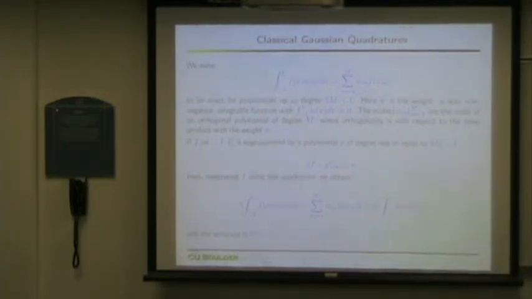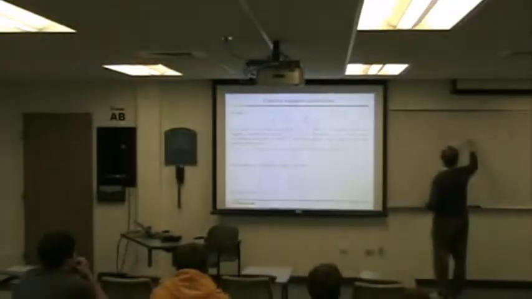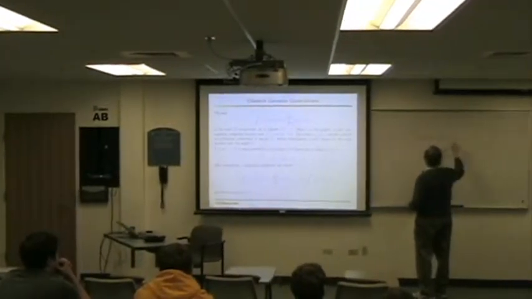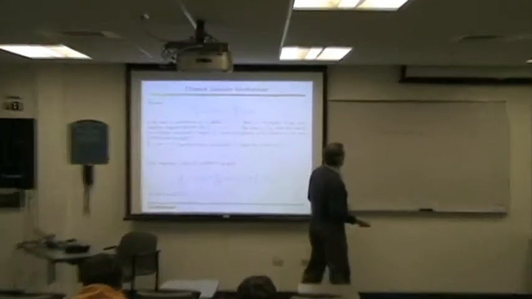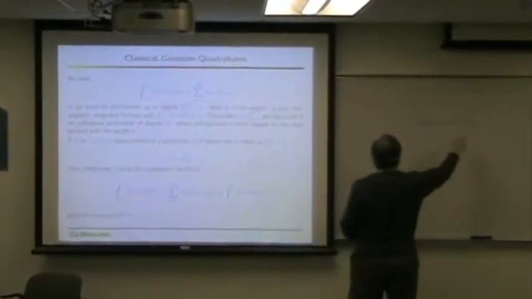So orthogonality means that you have polynomials, say P_n, P_m of x, integral from minus 1 to 1 of P_n(x) P_m(x) W(x) dx equals delta_nm. So you construct a system of polynomials which behave like this.